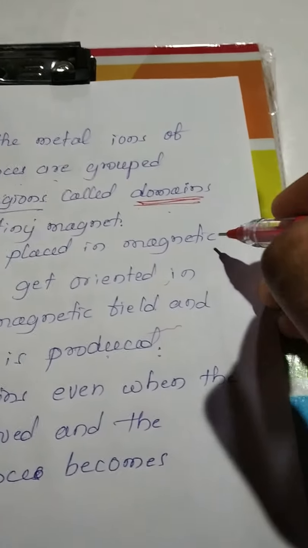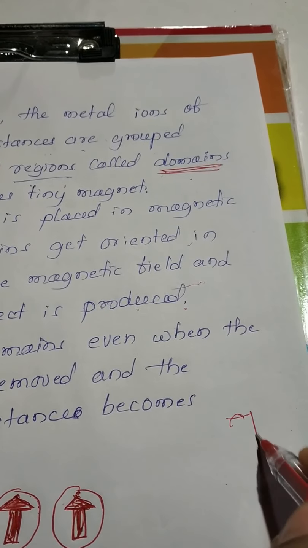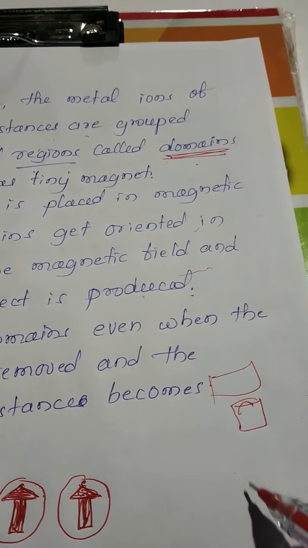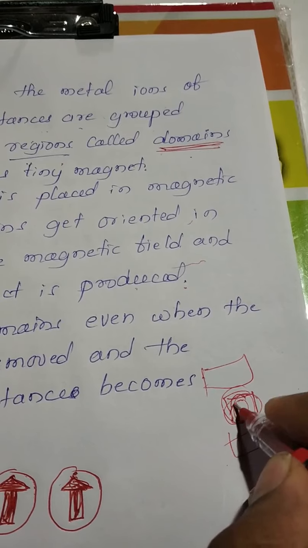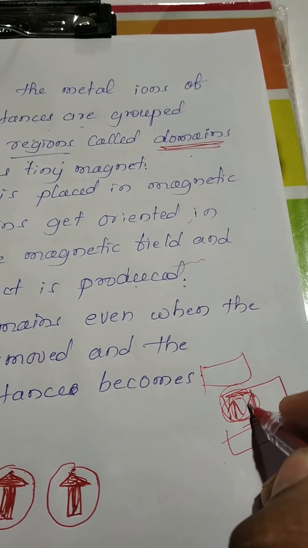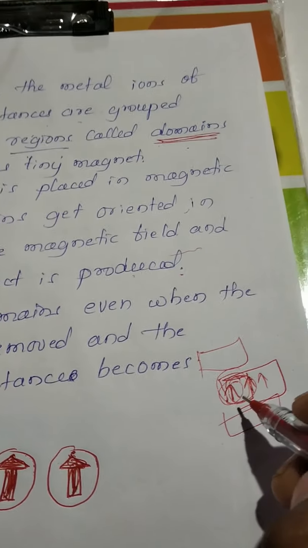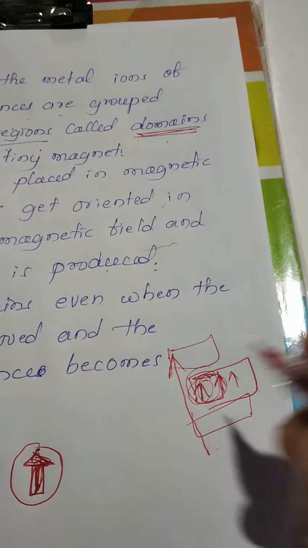Just see here, when a substance is placed in the magnetic field, it contains electrons, which you can call domains. Here the direction of the magnetic field is like this.